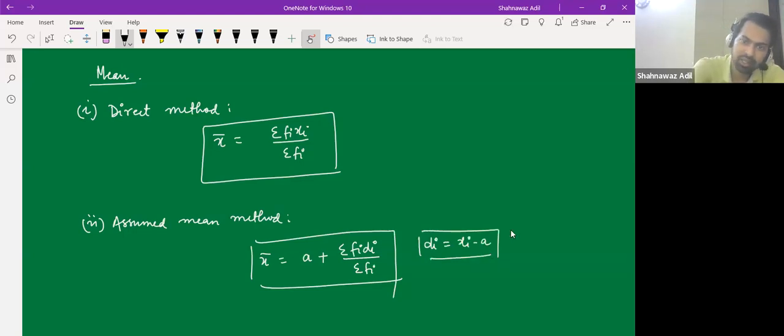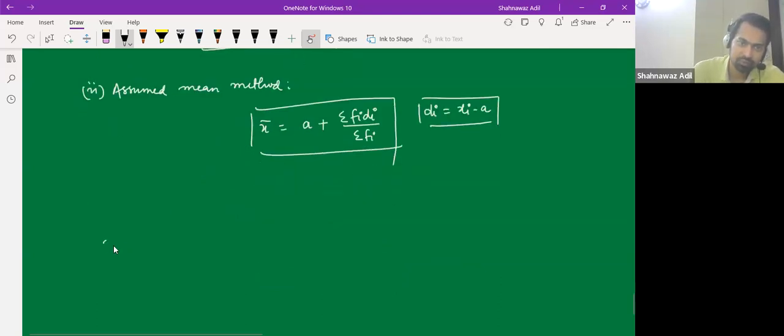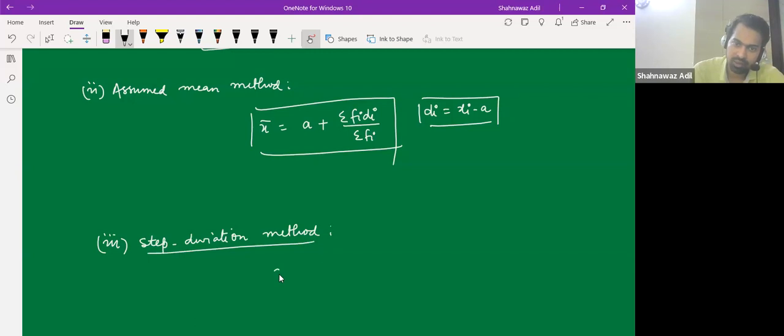right? And then the third one is step deviation method, and this says that the mean is equal to a plus h summation of fi ui divided by summation of fi.